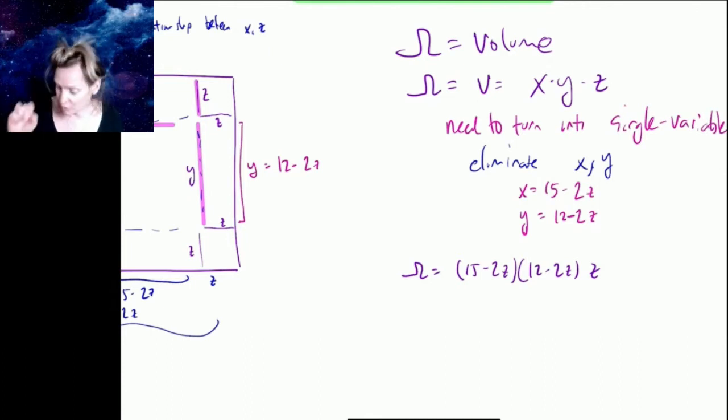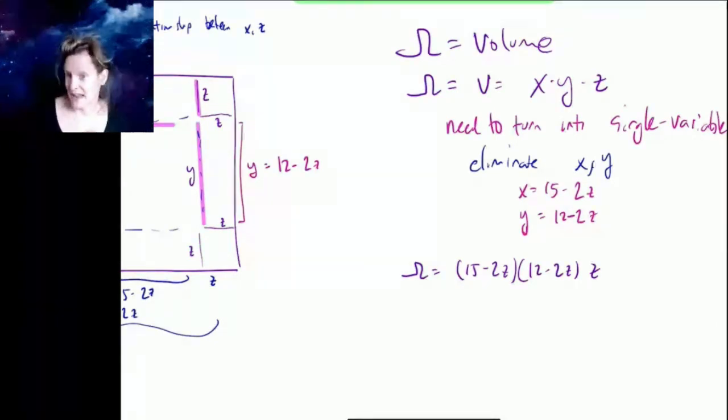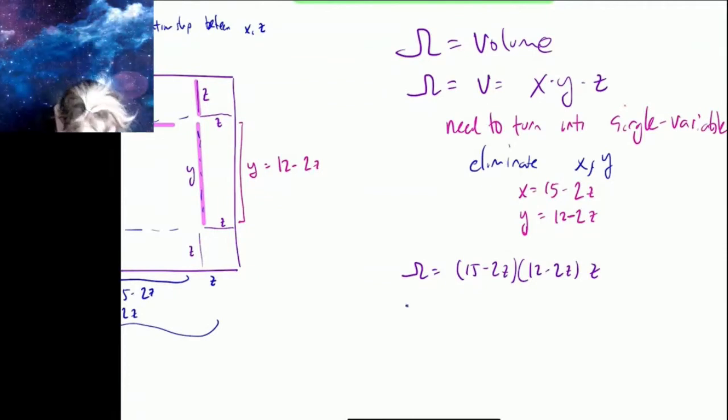And I think that's a critical step in doing these problems correctly, is to use those graphs to help you know when you're making algebraic errors. Because it's easy to make algebraic errors. So that's going to be equal to 15 times 12. That's first. Outside is going to be minus 30z.